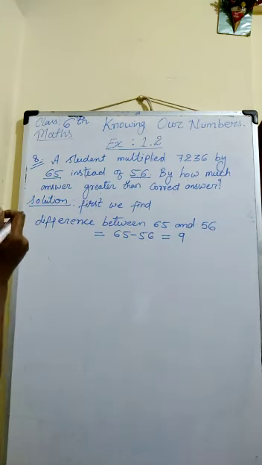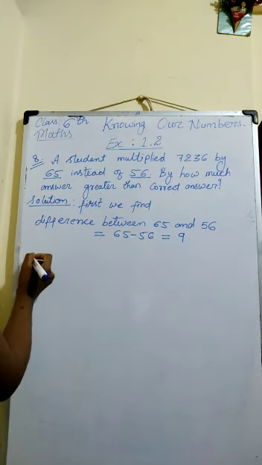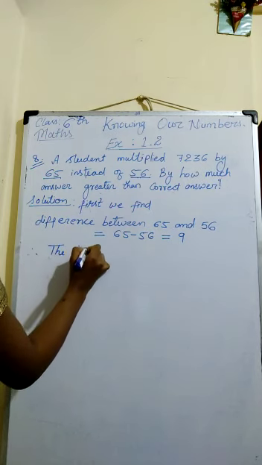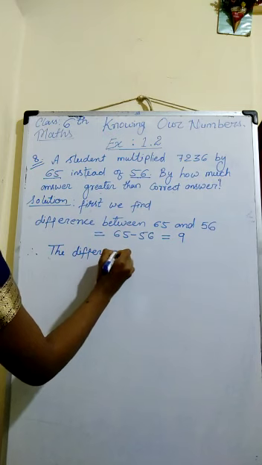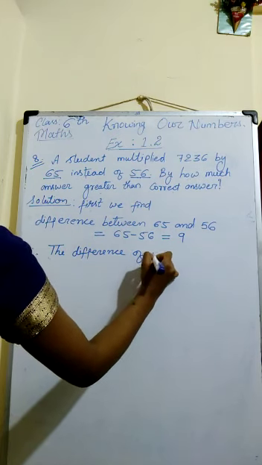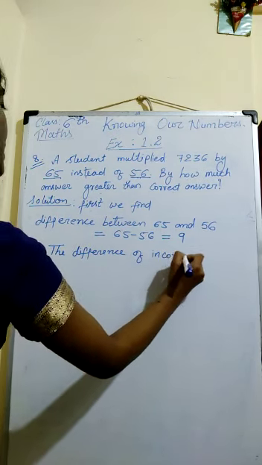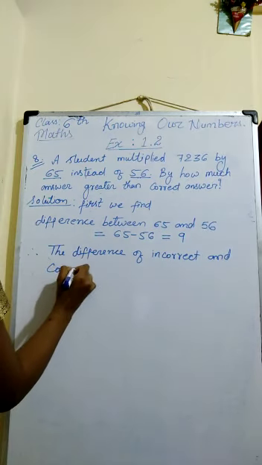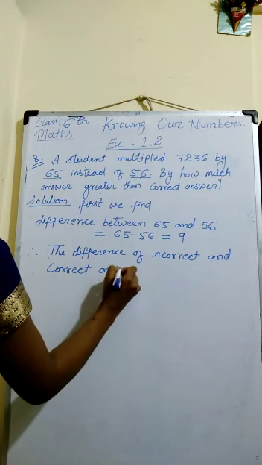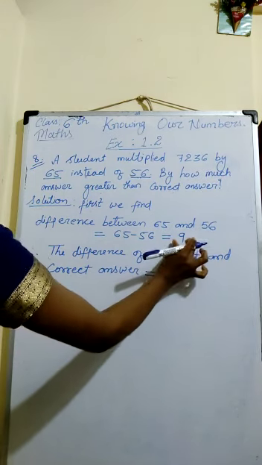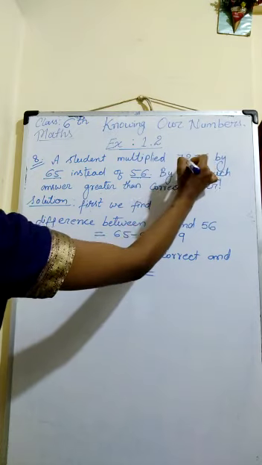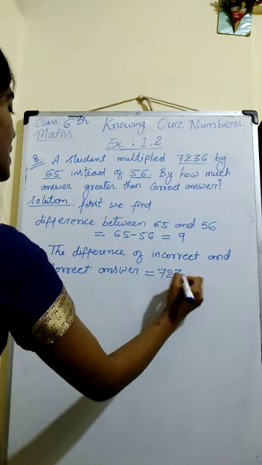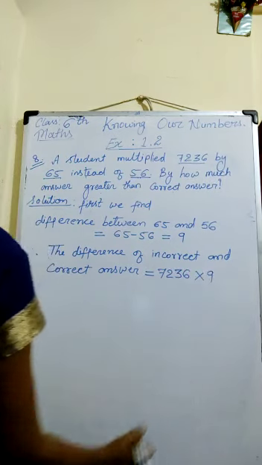So to find the difference of the incorrect and correct answer, this difference we will multiply with the given number. So what is the given number here? 7236 multiplied with 9.